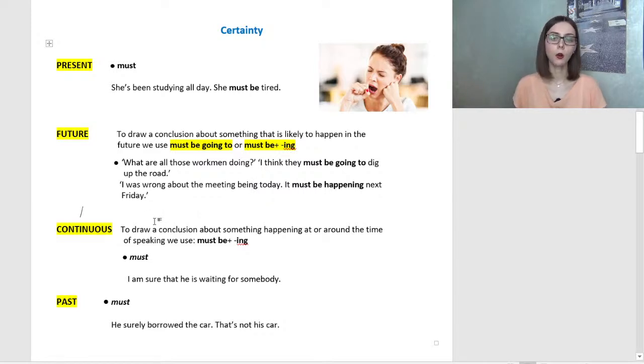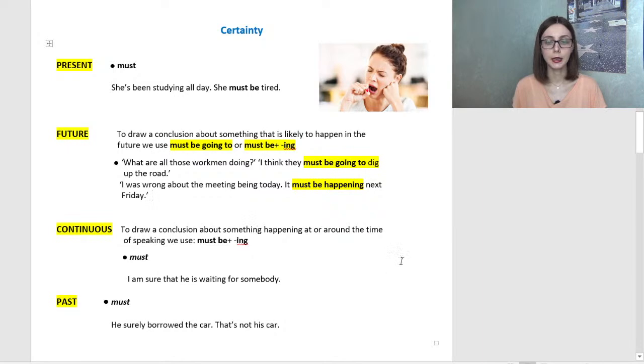What are all those workmen doing? I think they must be going to dig up the road. Or I was wrong about the meeting being today. It must be happening next Friday.